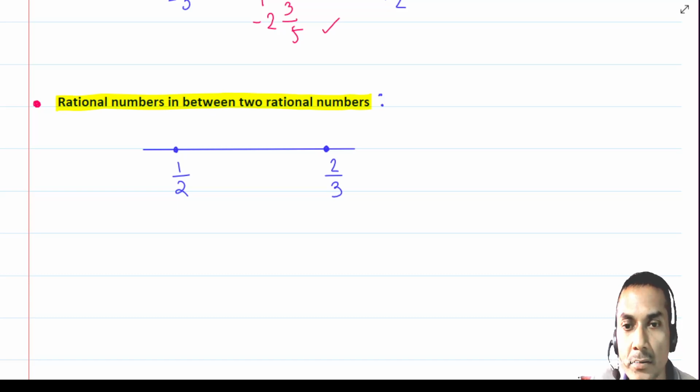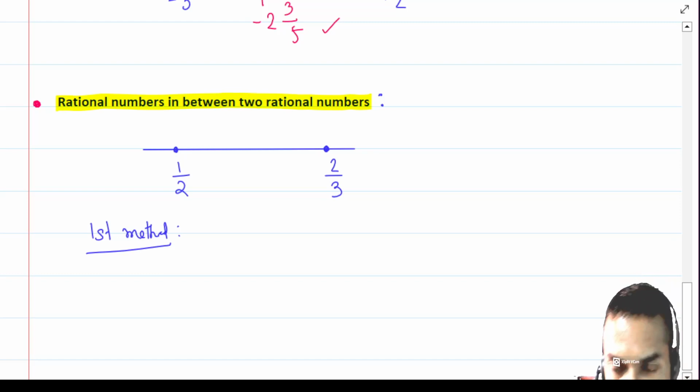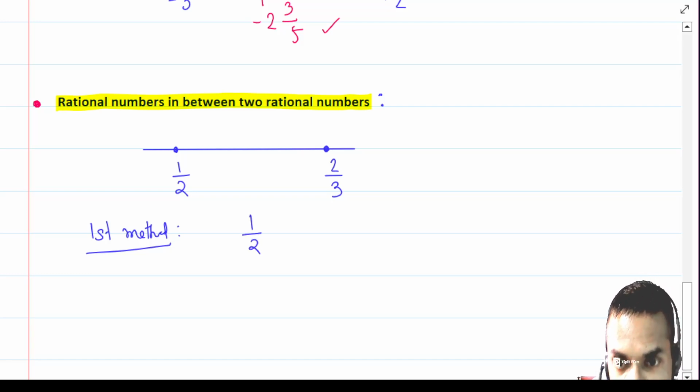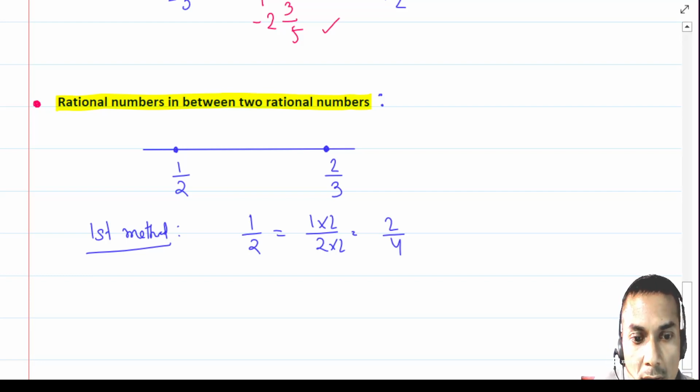So there are two methods. First method: you have to convert them into like fractions first.